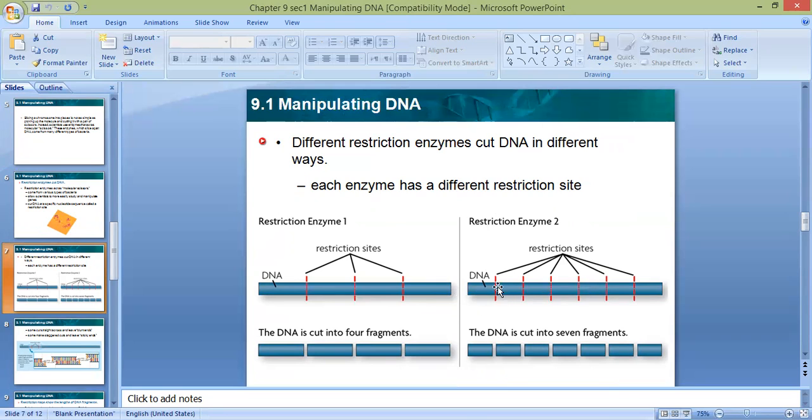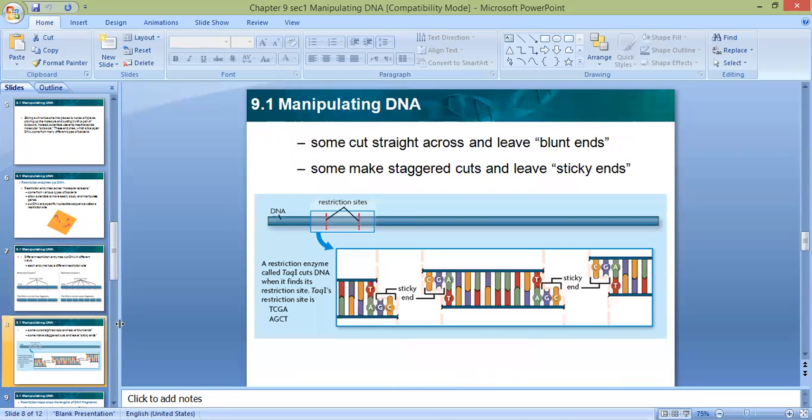And this will fragment the DNA into many fragments with different sizes. Some cuts go straight across and leave blunt ends, and some cuts are staggered where they leave sticky ends, and these are more useful.